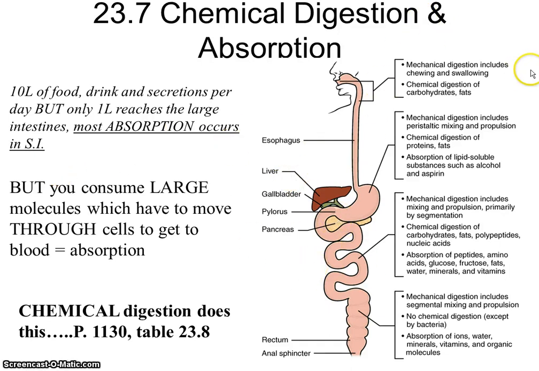Again, this is a nice cartoon that goes back through and says, okay, here are all the parts in their entirety, and here's what happens, right? So we are to come back to this if you're lost at any point, right? You consume large molecules which have to move through the cells to get into the blood, and this process is called absorption. So those large molecules have to become smaller, as I've said, and they become smaller by chemical digestion.